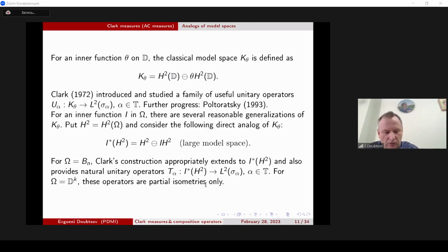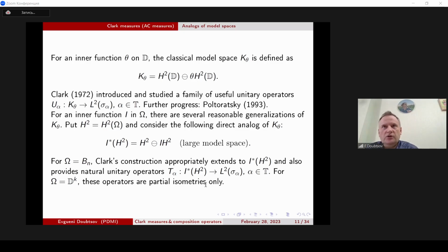Well, we have obtained certain theory up to certain restrictions, but already in the polydisk of dimension, or in the bi-disk of dimension at least 2, if we do extend the Clark construction, in general we obtain only partial isometries, not unitary operators.